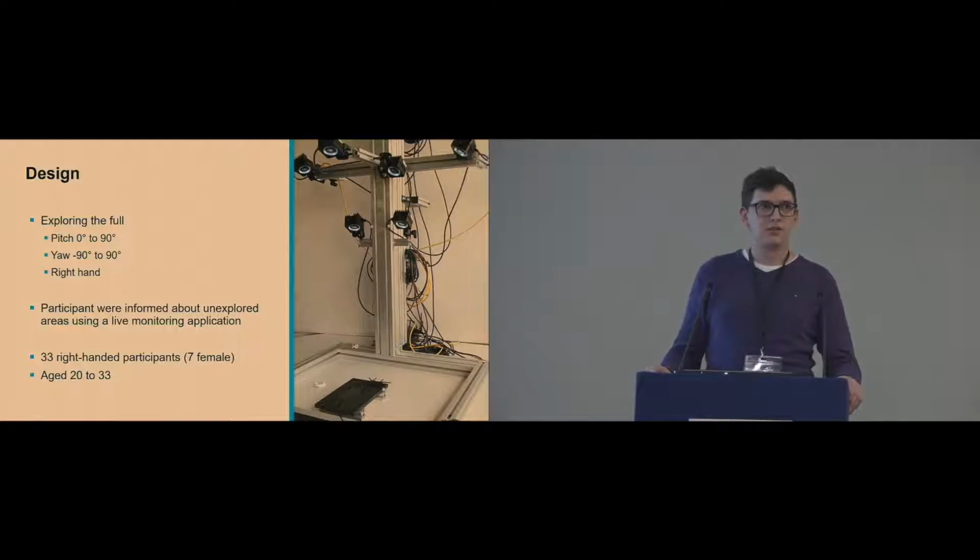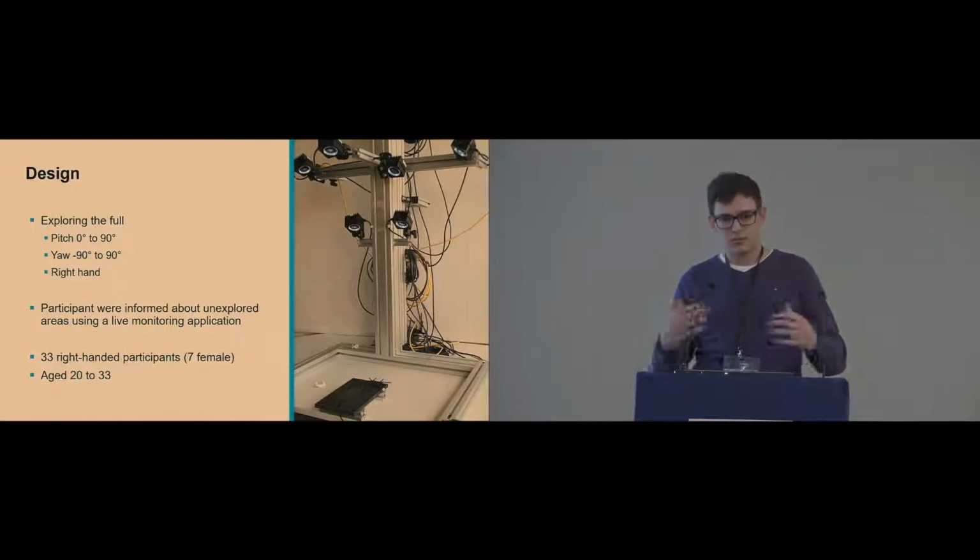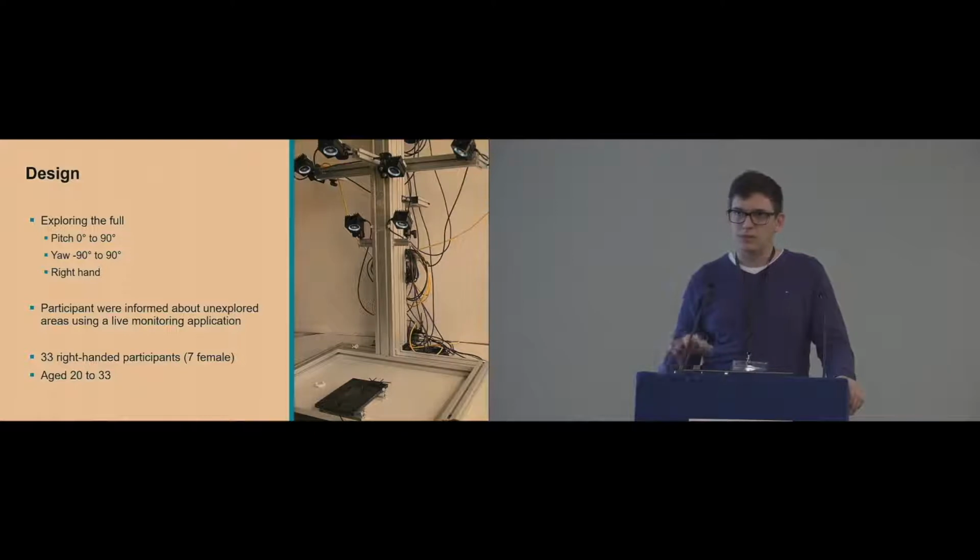During the exploration, the experimenter was able to observe which areas had already been explored, and could then hint to the participant that there was an underexplored area, so that the participant would explore this area as well. That way we capture the whole volume of pitch and yaw to have good ground truth values for our machine learning model.